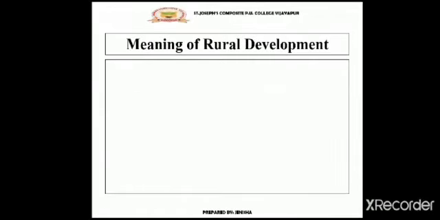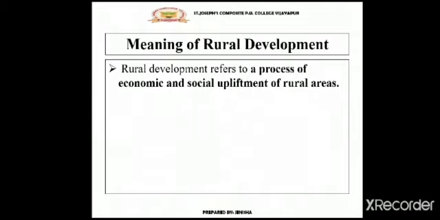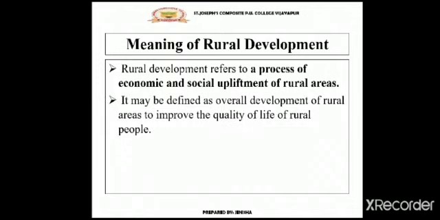Let us see what rural development is. Rural development refers to a process of economic and social upliftment of rural areas. That means economic and social development of particular rural areas is called rural development.